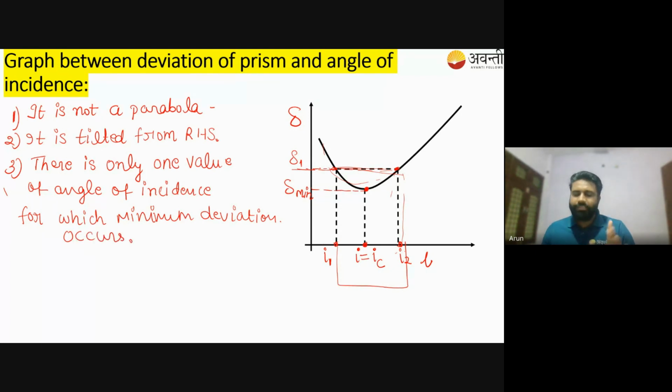So there is only one unique value of this angle of incidence. Got it? So these are some pointers that I want to remind you.